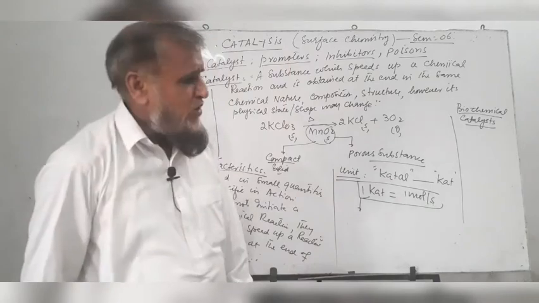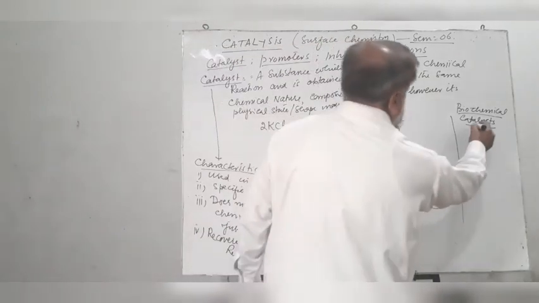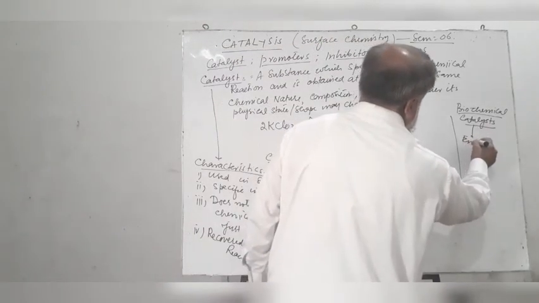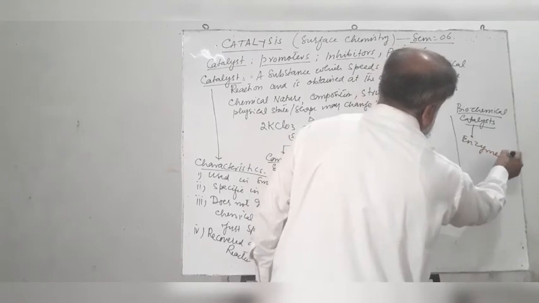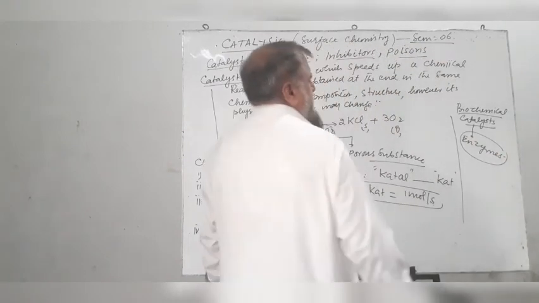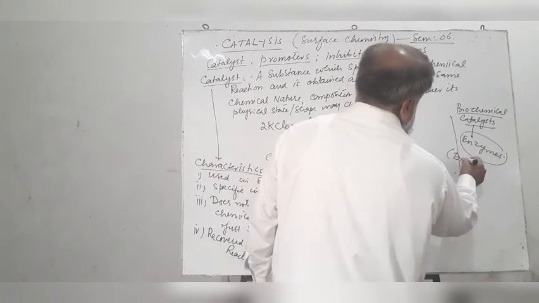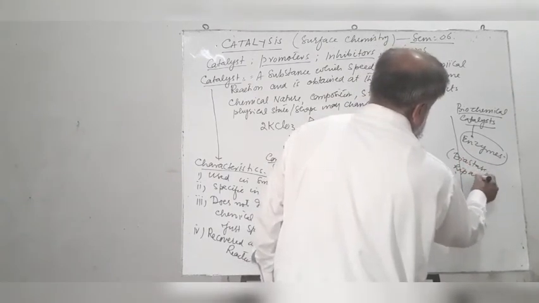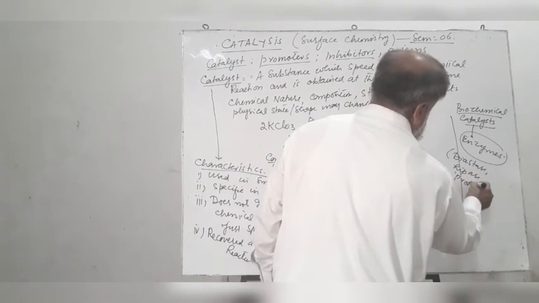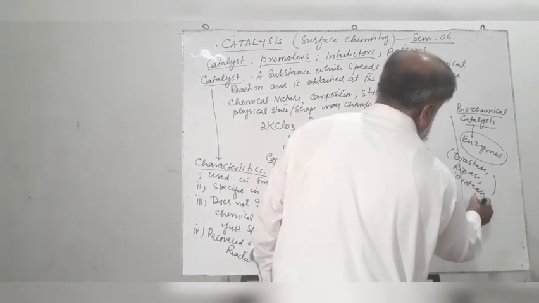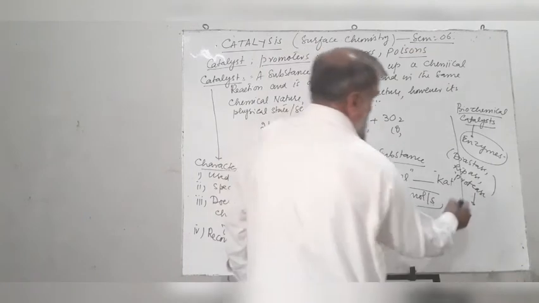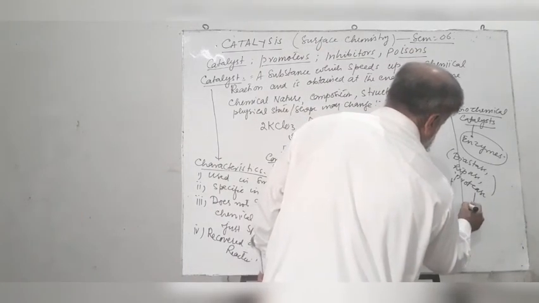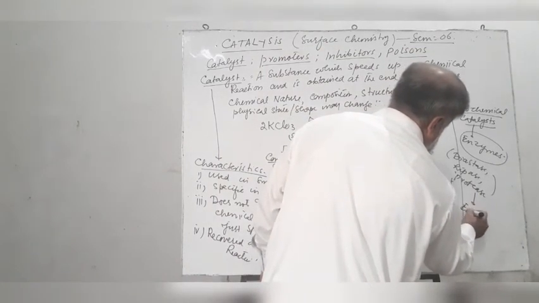Now, if we are dealing with biochemical catalysts, the biochemical catalysts are those substances which speed up the rate of a biochemical reaction, then these biochemical catalysts are known as enzymes, like diastase, lipase, protease. And for these enzymes, the unit of activity, enzyme activity, is called enzyme unit.